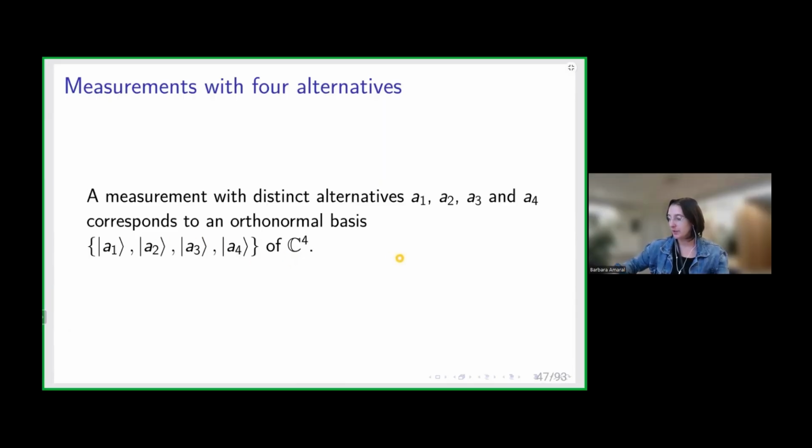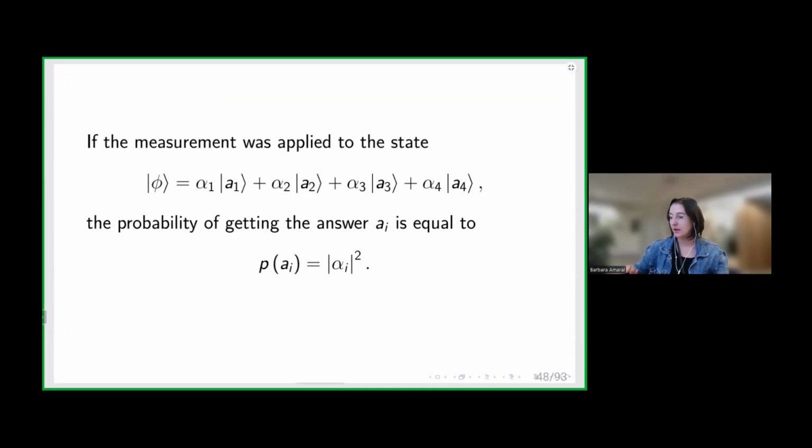Then to compute probabilities, all we have to do is to write the vector in this basis, and look at the coefficients. So the probability of getting outcome A_i is just the modulus of alpha_i squared, okay? Just look at the coefficient.